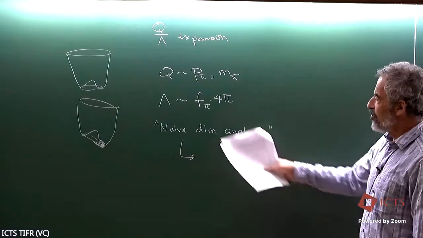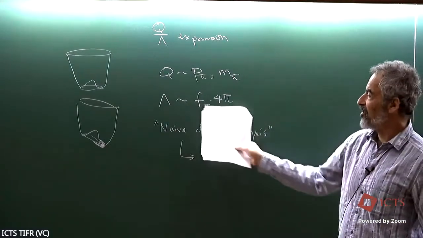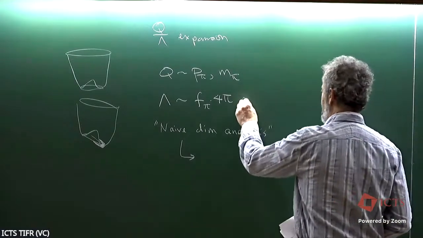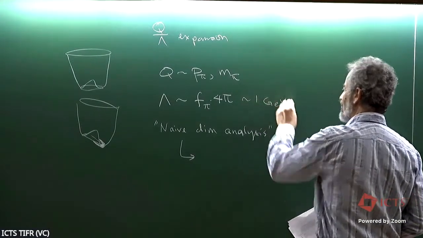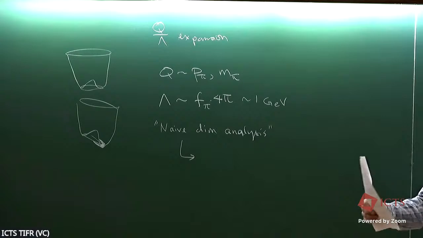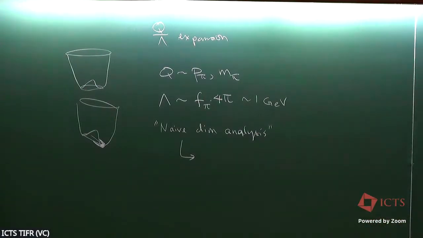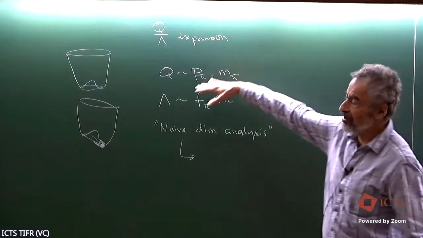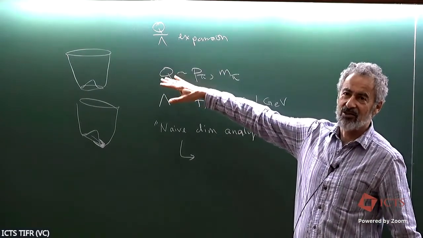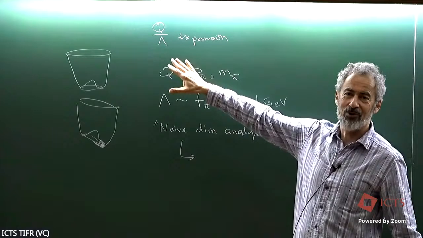So what we do is we assume that lambda is on this scale, which is about a GeV. Okay, but still, all operators have to have unknown coefficients that we're going to fit to data. And so we'll make this assumption, but in the end, we're going to be fitting to data. So we'll see if there's a problem with our power counting.